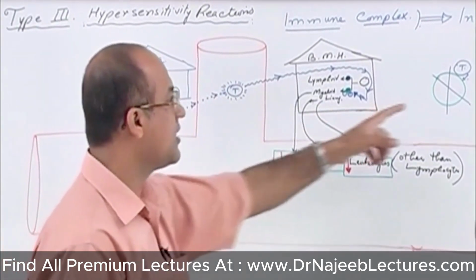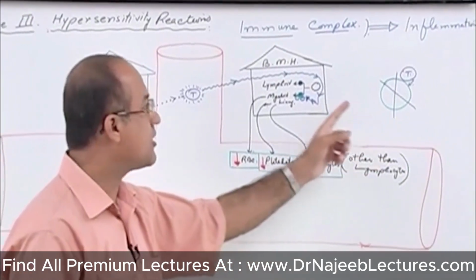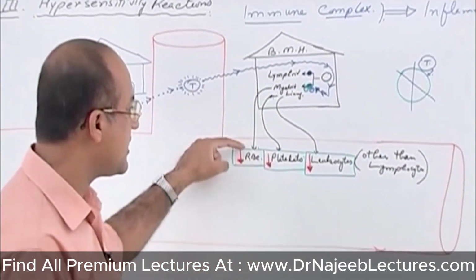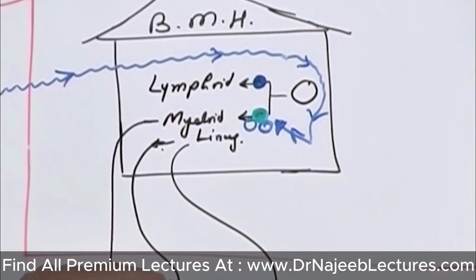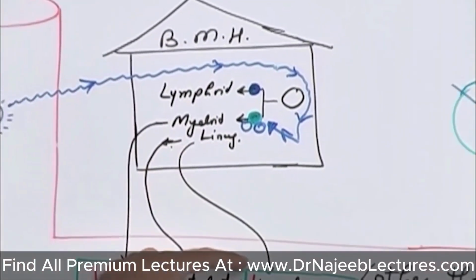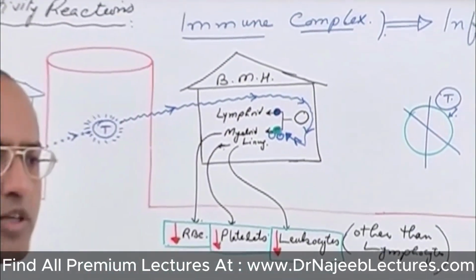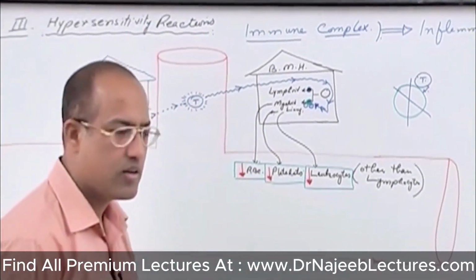Now, you can say this person is having a disease in which his immune system is attacking inappropriately his myeloid stem cells and destroying the erythroid lineage, the thrombocytic lineage, and the granulocyte-monocyte lineage, right?